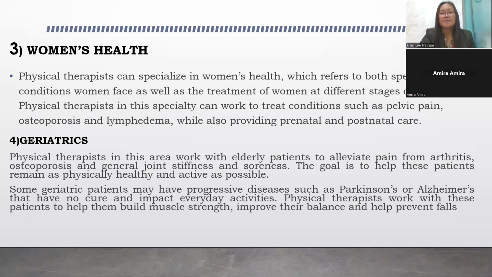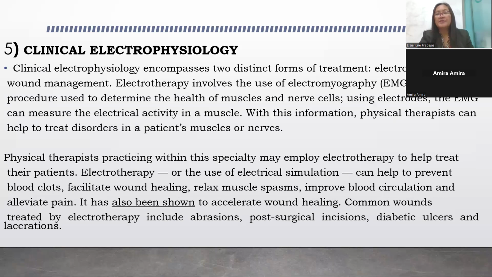The fifth specialty is clinical electrophysiology. This encompasses two distinct types of treatment. We have electrotherapy and wound management. So these are under clinical electrophysiology. Electrotherapy involves the use of EMG, or electromyography.